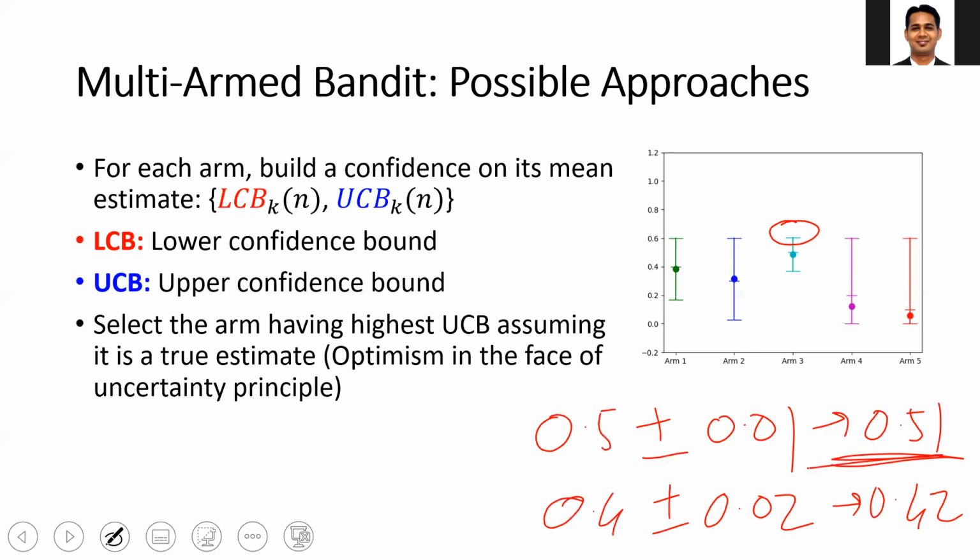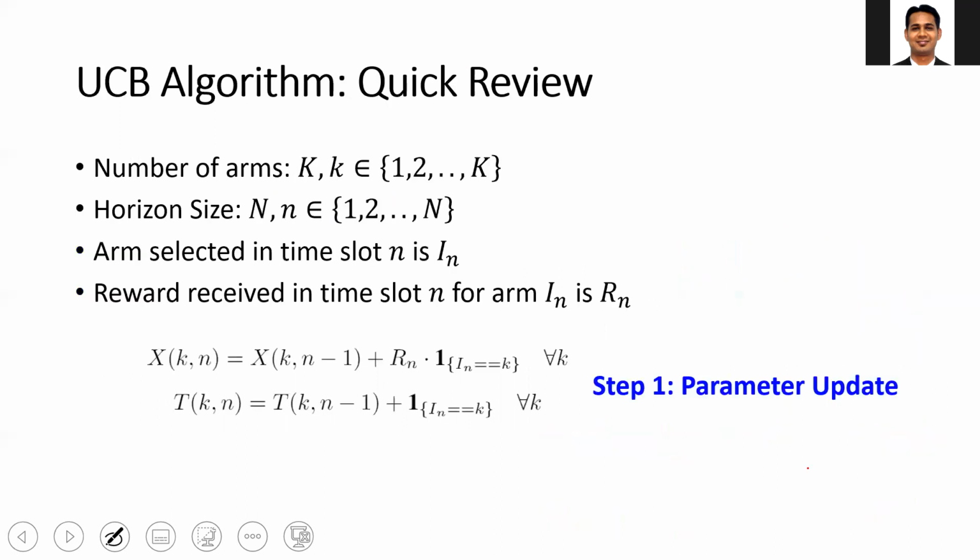So you try to do this in each time slot. You find out the upper confidence bound of each arm, and then you select the arm having the highest UCB. Now you can see how this UCB is designed. Your number of arms is k, and the horizon size is n.